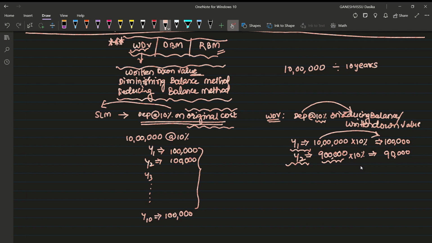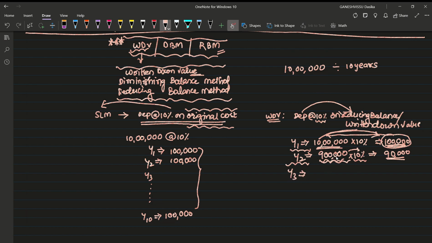I hope you have understood. On the reducing balance, we are reducing this 1 lakh from the original balance of 10 lakh. This is the reduced balance of the original cost of the asset, on which we charge depreciation at 10%, which is 90,000. So what would be the value of depreciation in year 3?